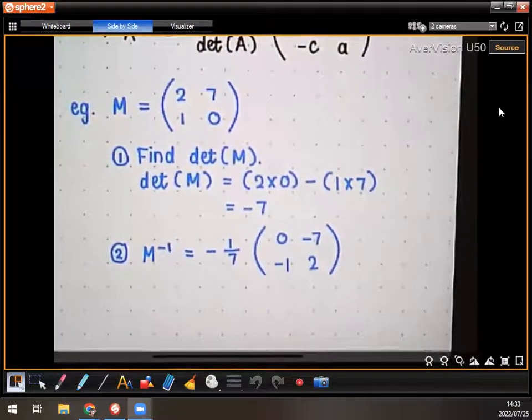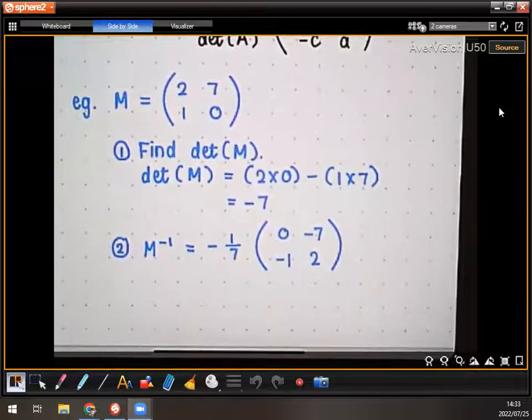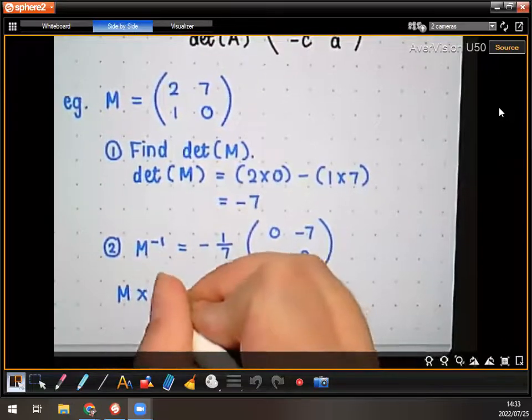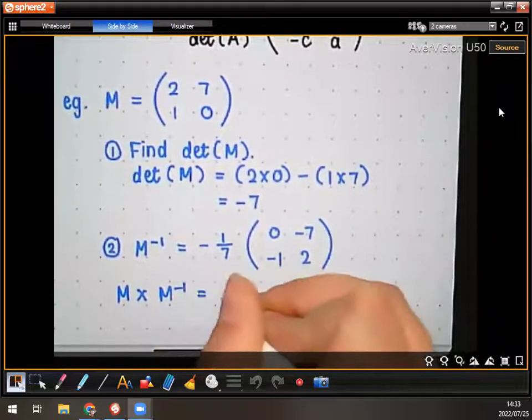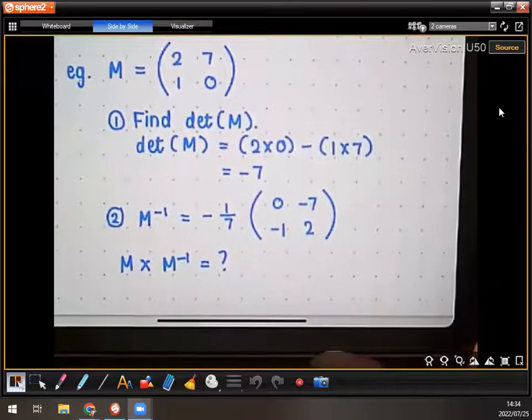Now I would like you guys please to calculate, next to it or underneath, M multiplied by the inverse of M. That is what you're going to do now, just to check that it does actually work. Well, we hope that that will be the answer. Just this once, we're going to do this.